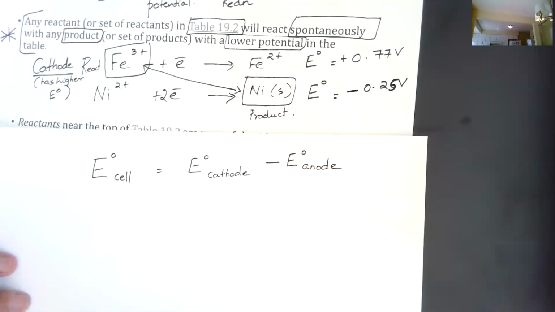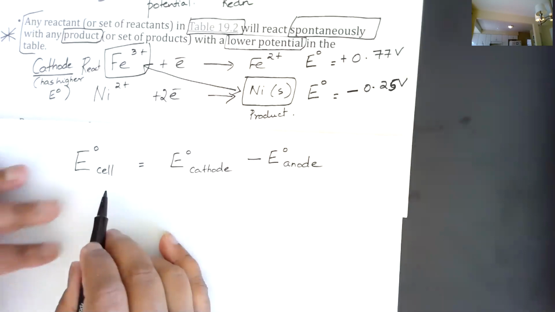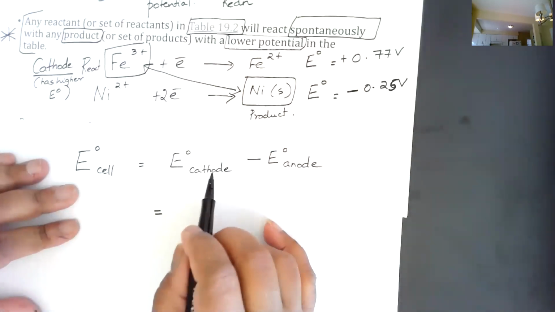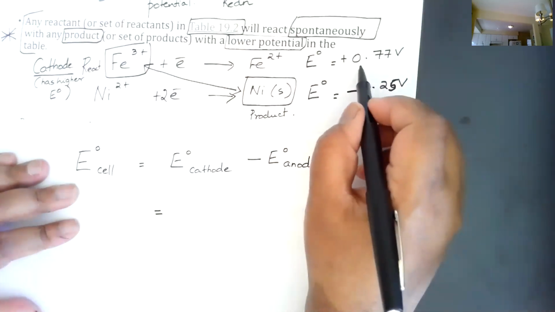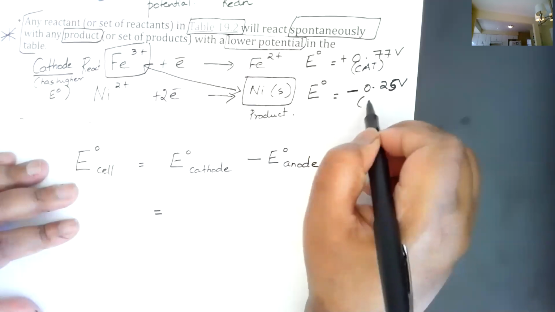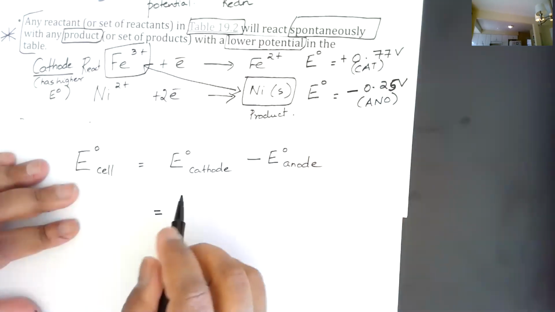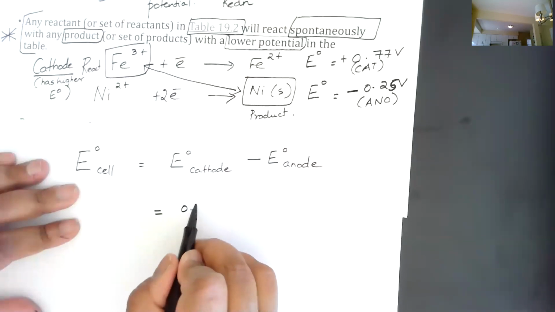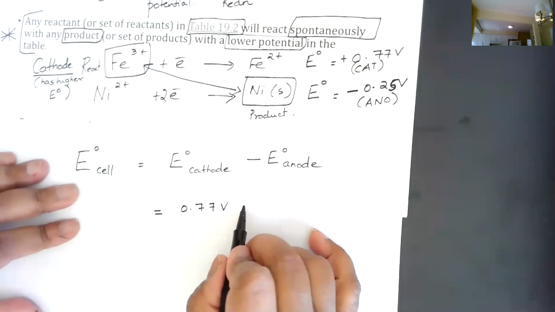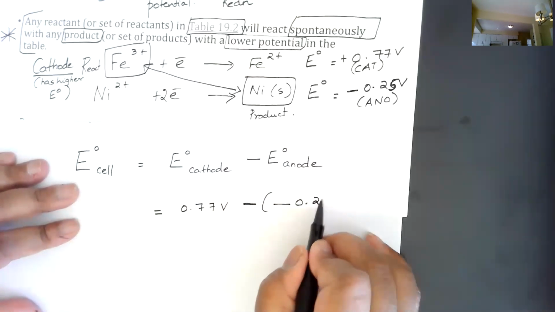And we'll be looking at more examples like this. So E0 cell is E0 cathode. This is the cathode. And this is my anode. E0 cathode is 0.77 volt minus 0.25 volt.